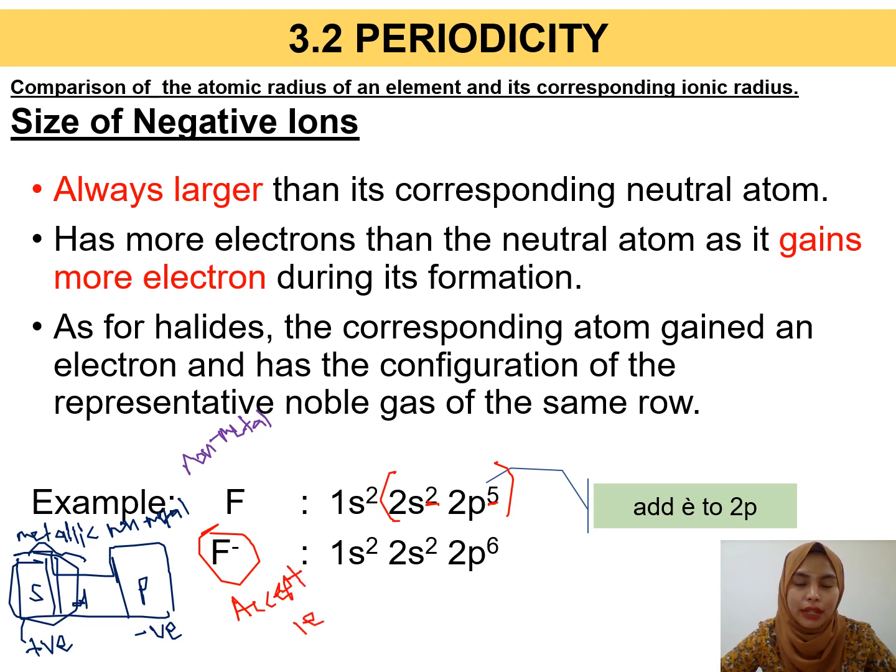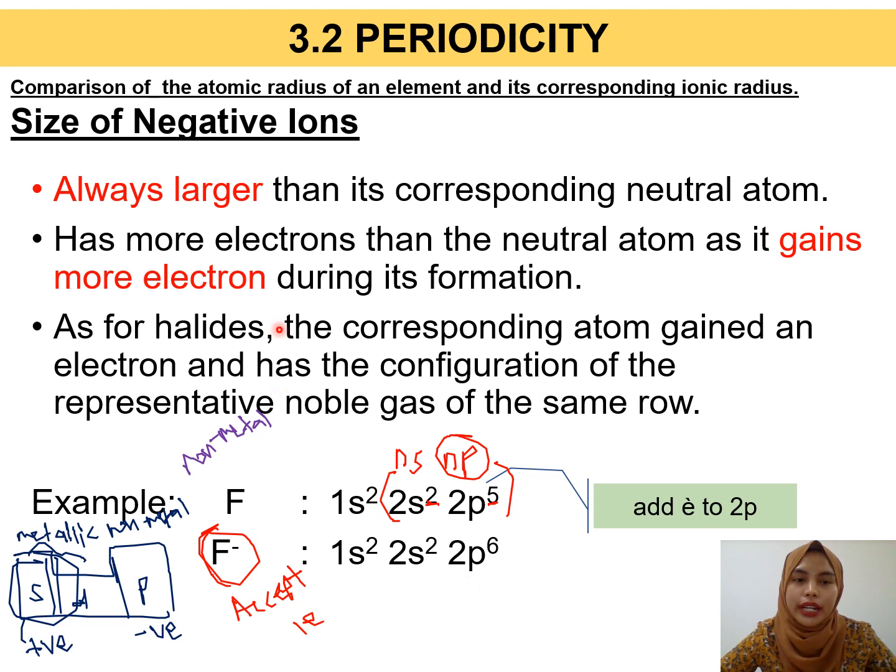So when you want to add electrons, if let's say there is a D or P block with valence electronic configuration of NS and NP, make sure you add it to NP first, then NS. So when it accepts 1 electron and becomes F minus, its electronic configuration will change to 1s2, 2s2, 2p6.